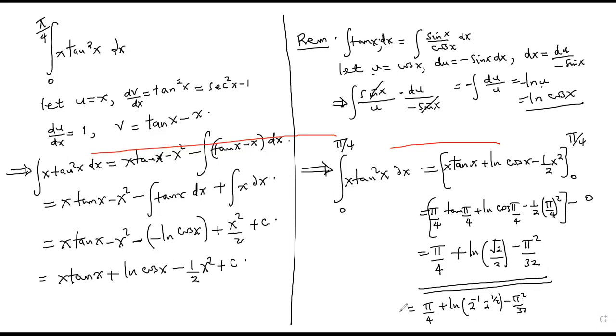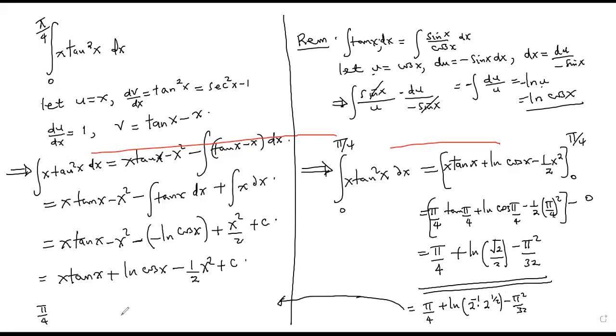So this is going to be the same as pi over 4, with this being 2 power negative 1 times 2 power a half.